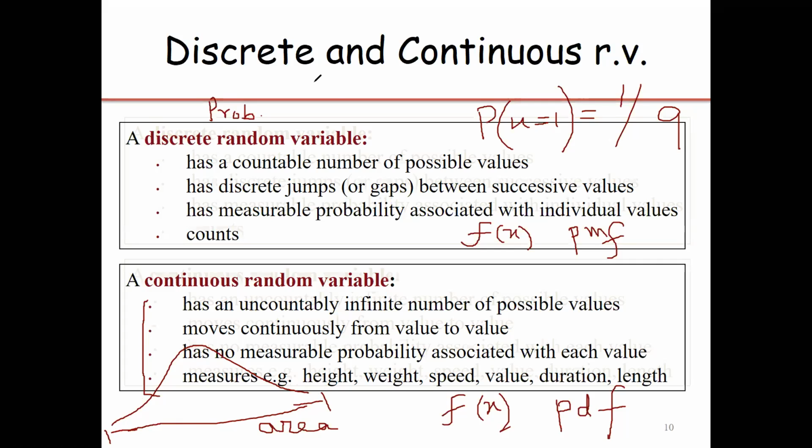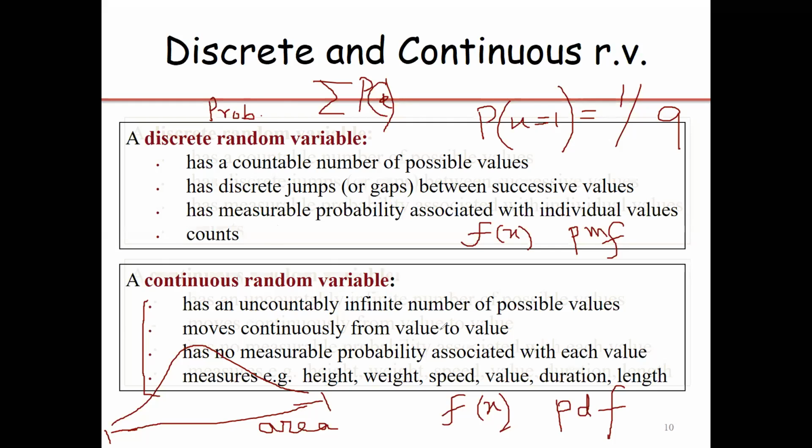As I was saying, the total probability is 1 in the case of a discrete distribution. In the case of a continuous distribution, the total area is equal to 1. So the continuous variable has the concept of area, while the discrete variable has the concept of sum. That is the major difference between the two.